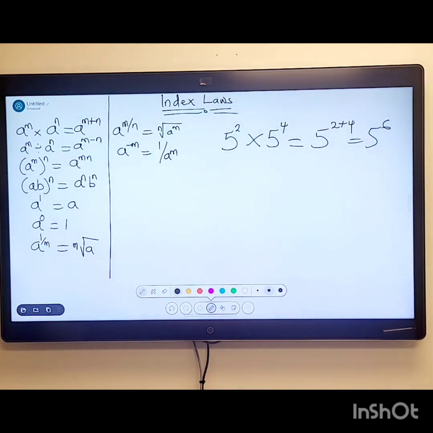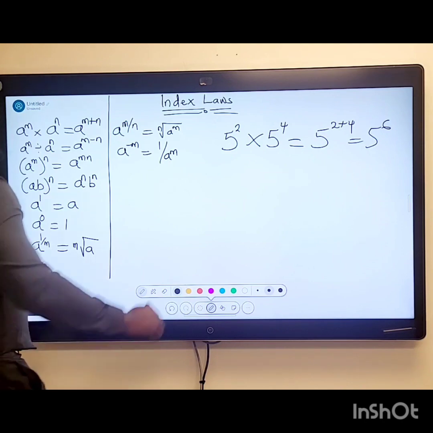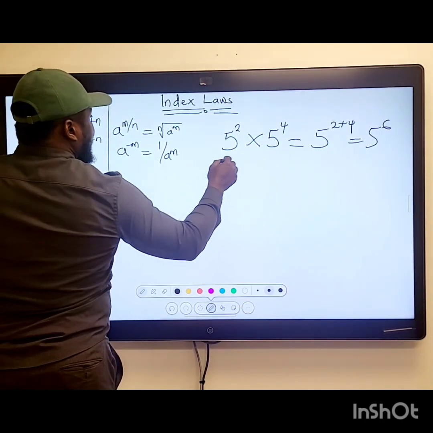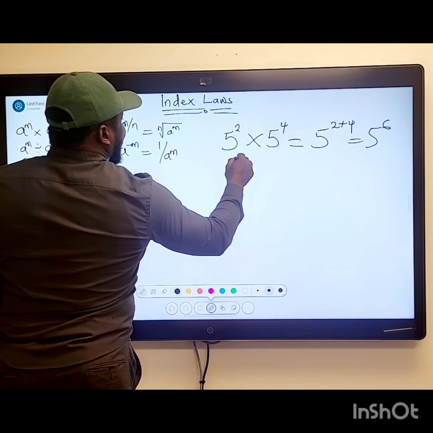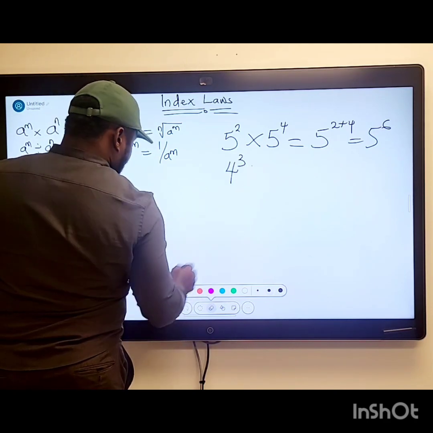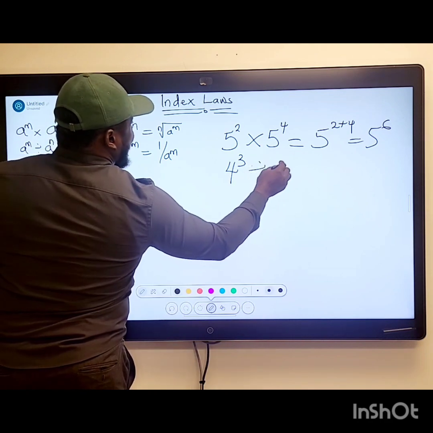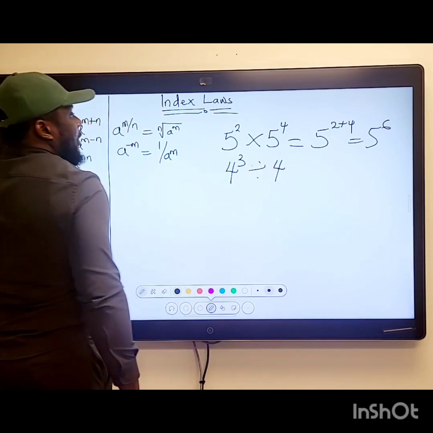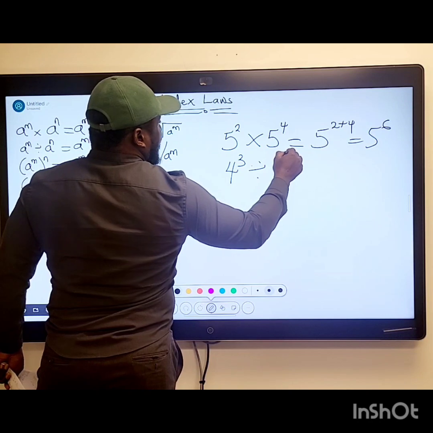So let's look at another question. If you have something like this, 4 raised to power 3 divided by 4 raised to power 2.